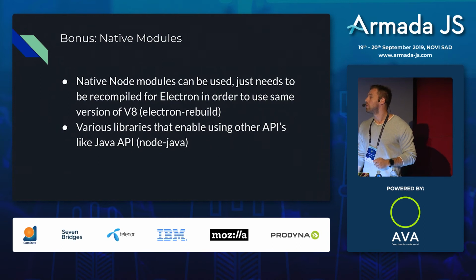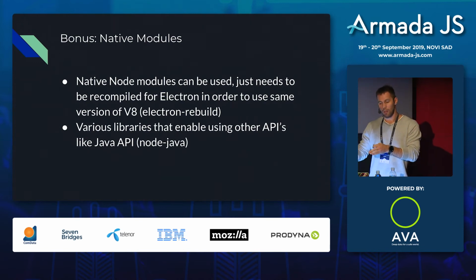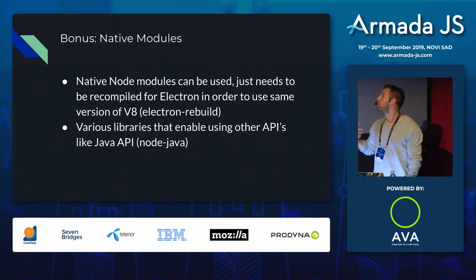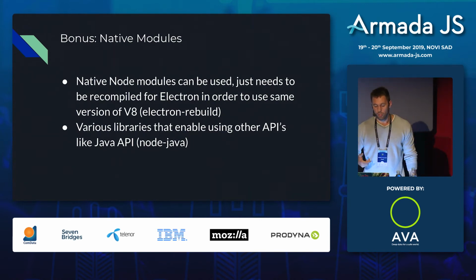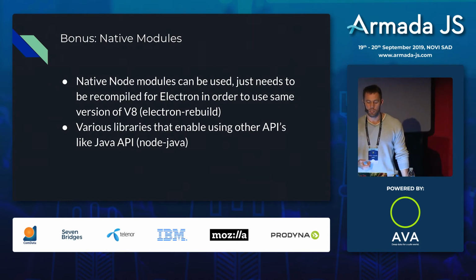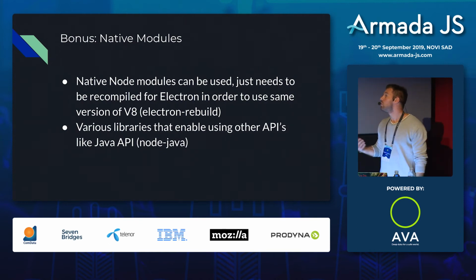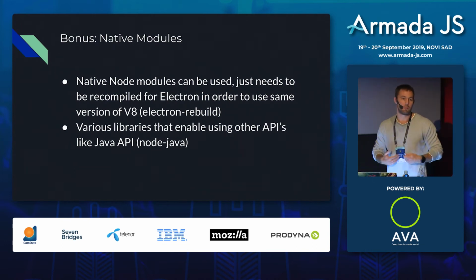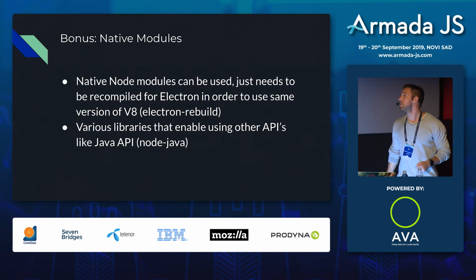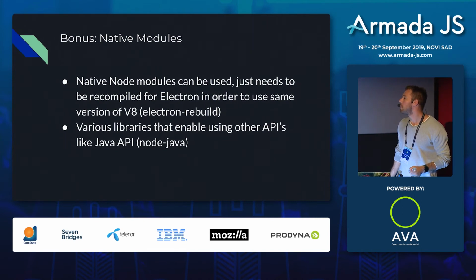When you install some random Node library, Electron needs to be certain that it and the Node library use the same V8 version. That's why when you want to use Node libraries in Electron, you need to recompile them using Electron Rebuild, and then they're good to go. There are also other libraries that allow you to use other APIs, like Node.java and stuff, but to be honest, I didn't have a chance to work with them much, and I'm not sure how stable they are.